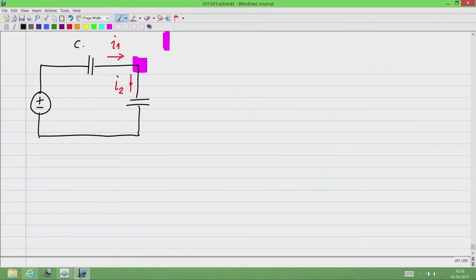So, this is C1, this is C2 and this is Vs, which changes from 0 to Vp. Now, the same KCL can be rewritten by saying that instead of currents, I will say the amount of charge that flows that way, Q1, has to be equal to the amount of charge that flows this way, which is Q2.